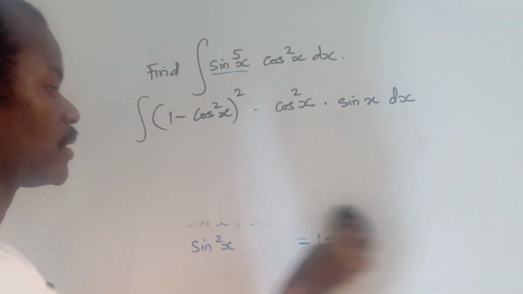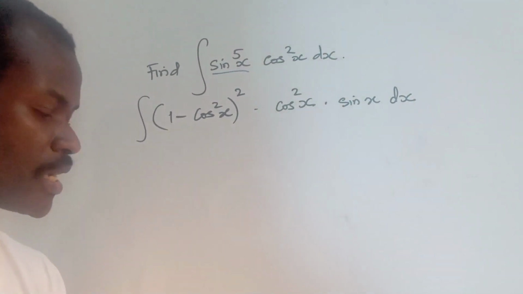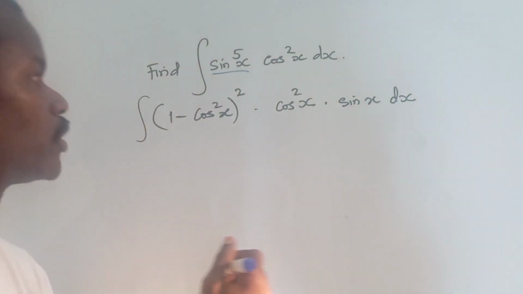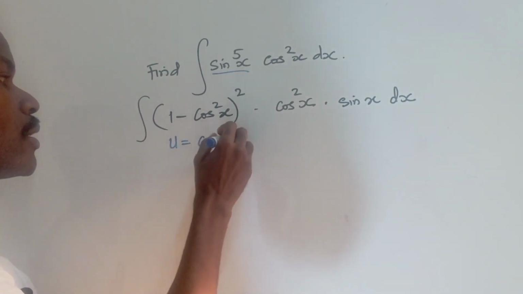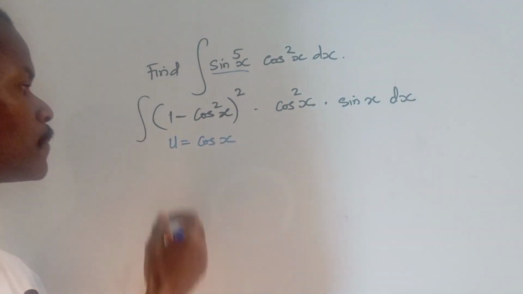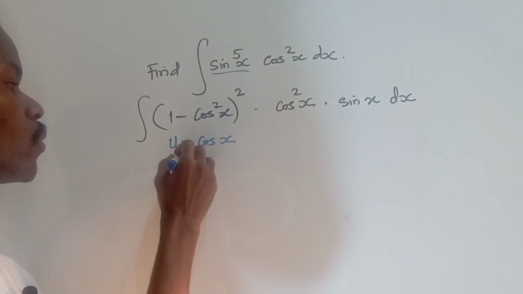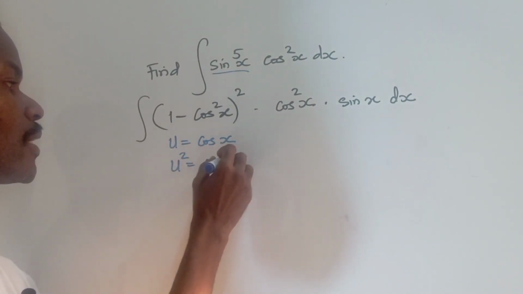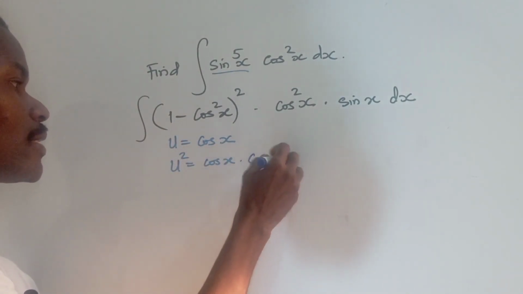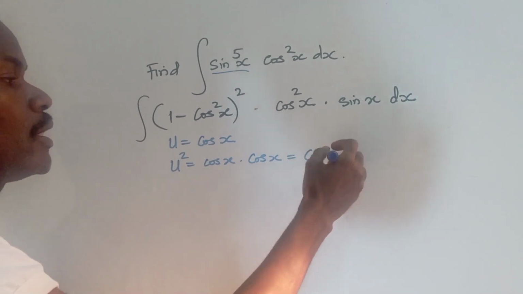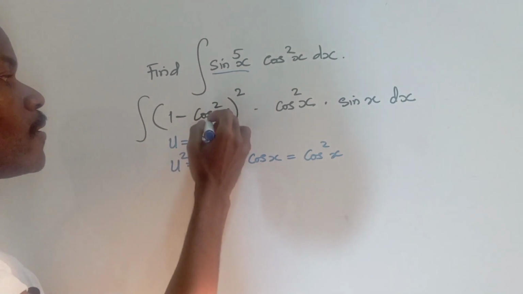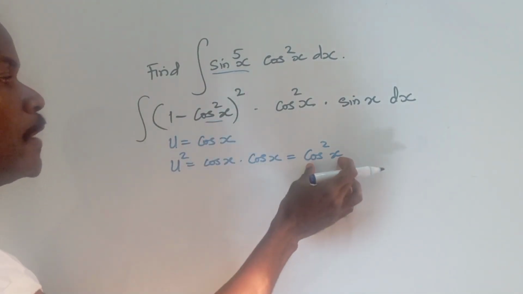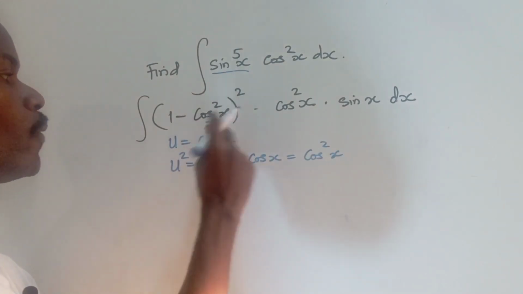Now from this point, I can apply u substitution, so I want to say u equals cos x. So it means u squared means cos x multiplied by cos x, which is cos squared x. So we can see that we have cos squared x here, so this can represent our u.